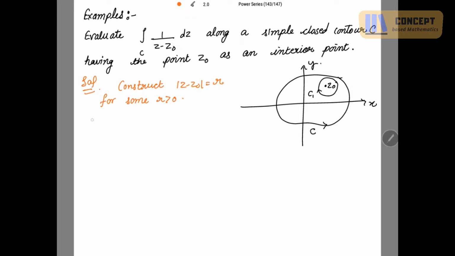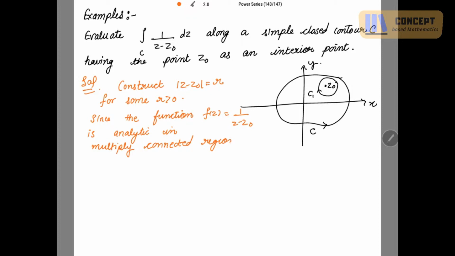Alright. So f of z equal to 1 over z minus z naught is analytic in the multiply connected region between C and mod z minus z naught equal to r, that is, this circle.